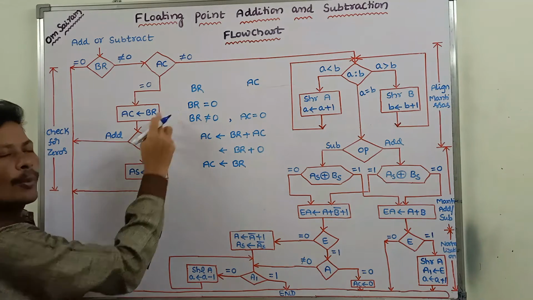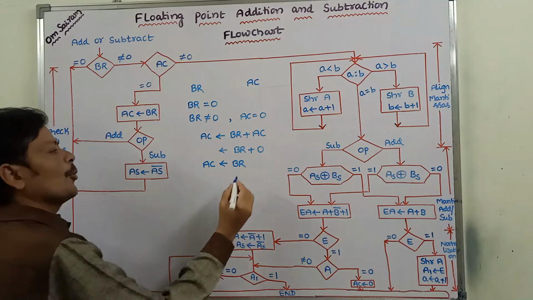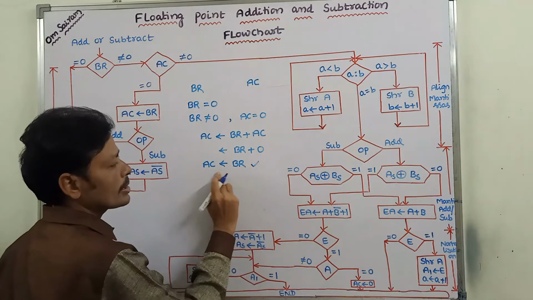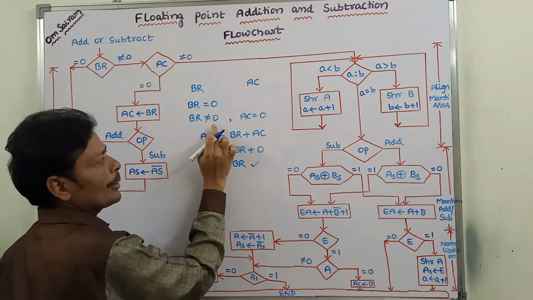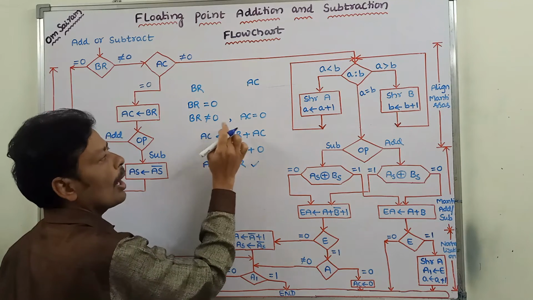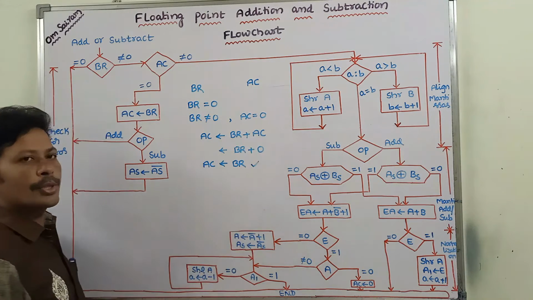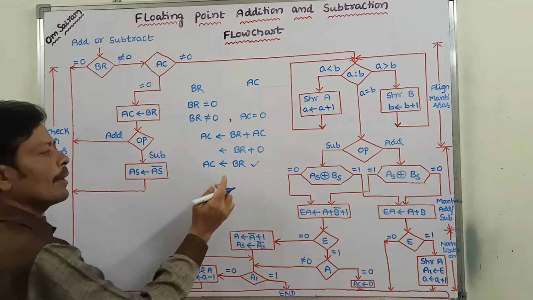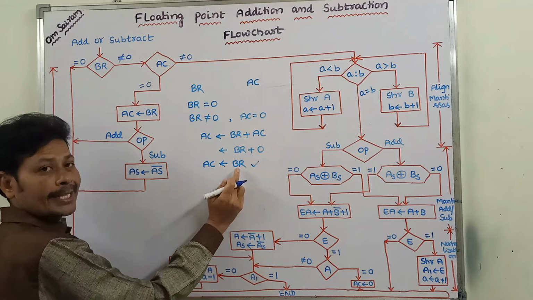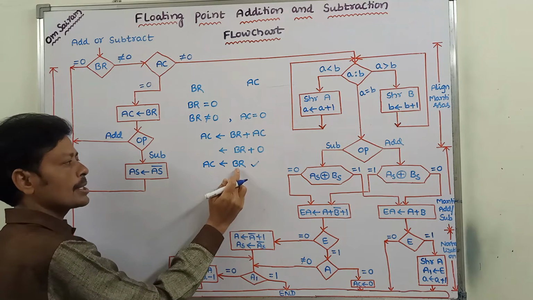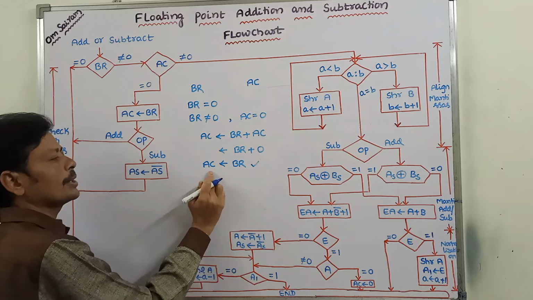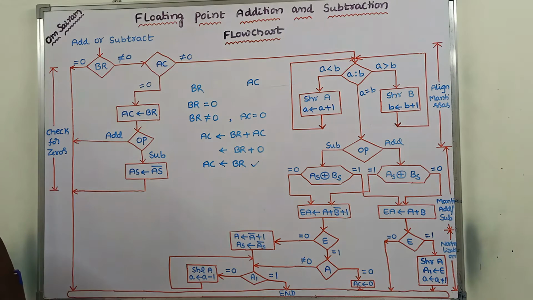So when BR value is not equal to 0 and AC value is 0, we follow this step, and the value in the BR register is transferred to the AC register.